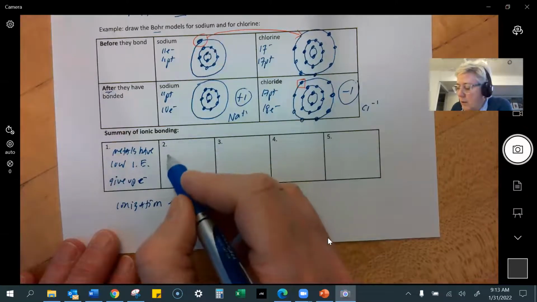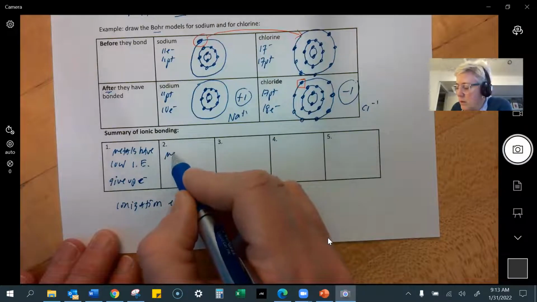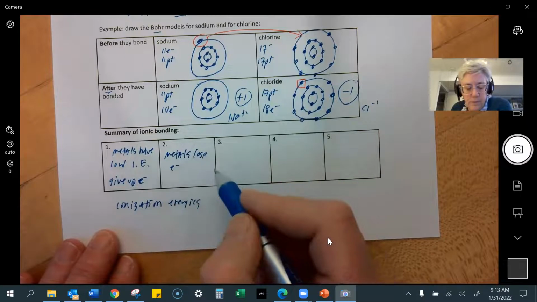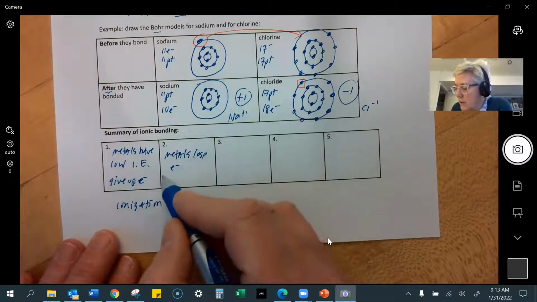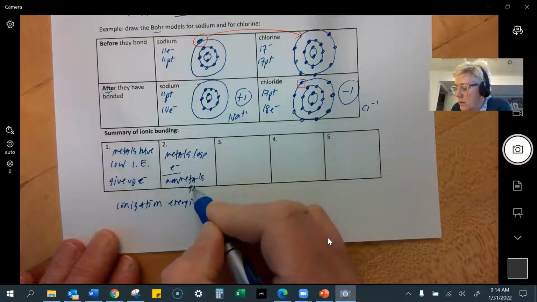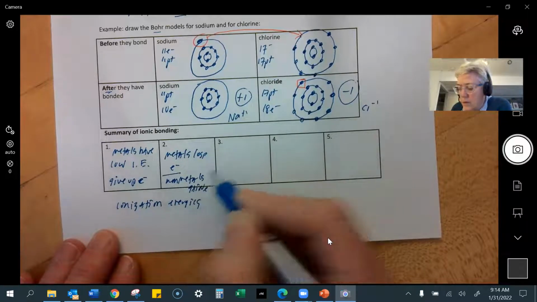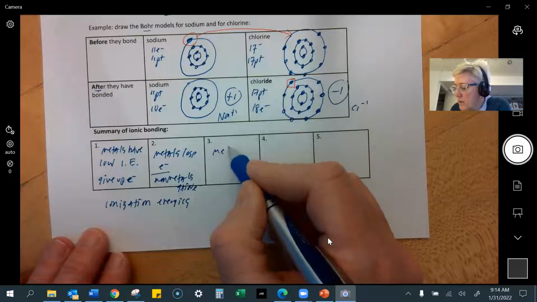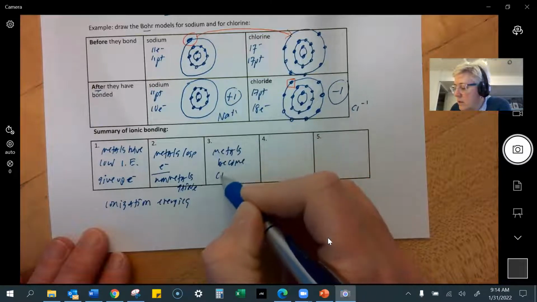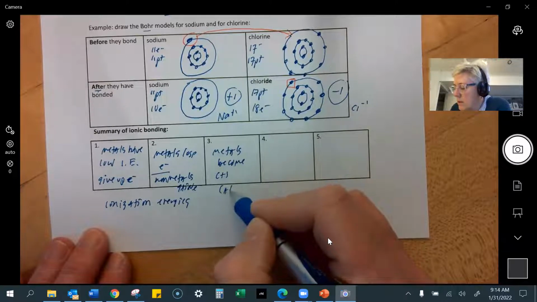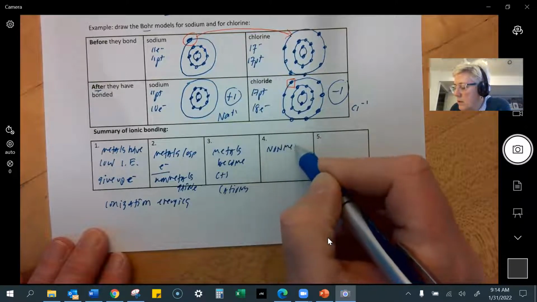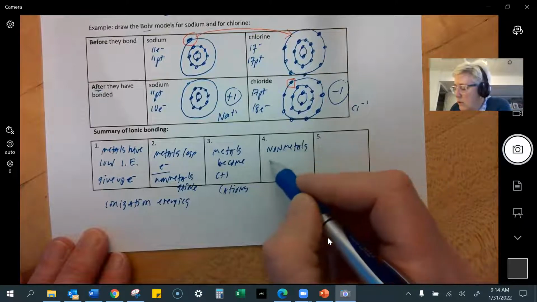Metals lose electrons. Non-metals gain electrons. Metals become positive cations. Non-metals have gained an electron.